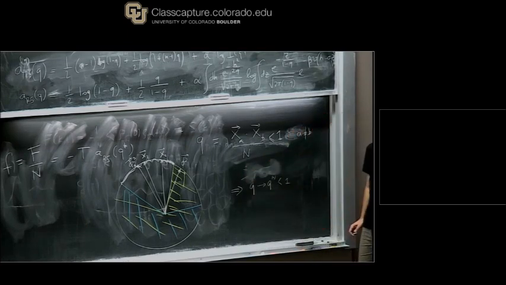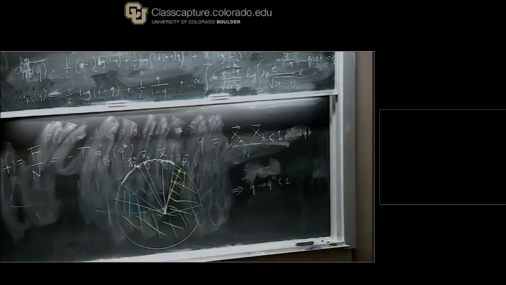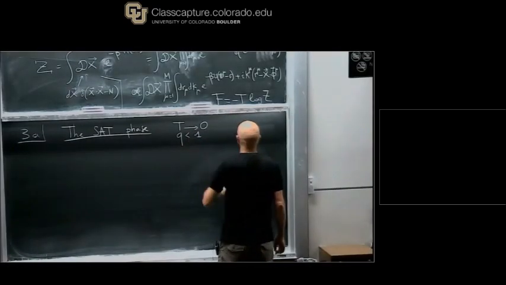So this is really an important point. If it's not clear, ask me, even later. It's important. So what I'm going to do to study the SAT phase, I'm going to take the limit of 0 temperature with Q smaller than 1.